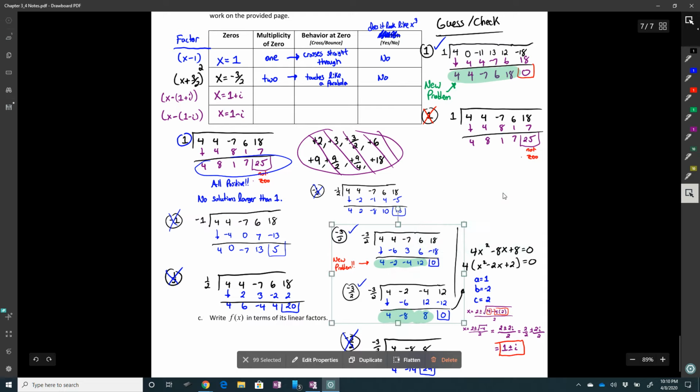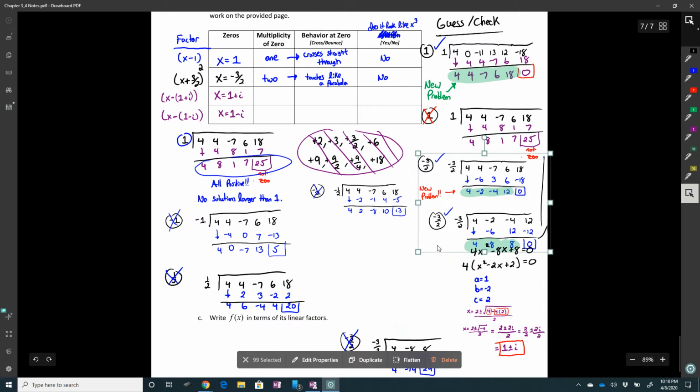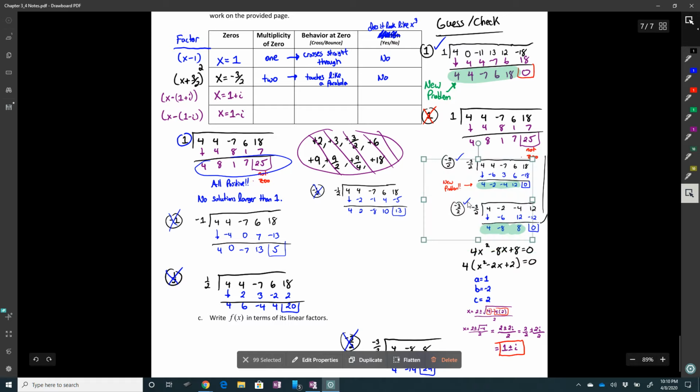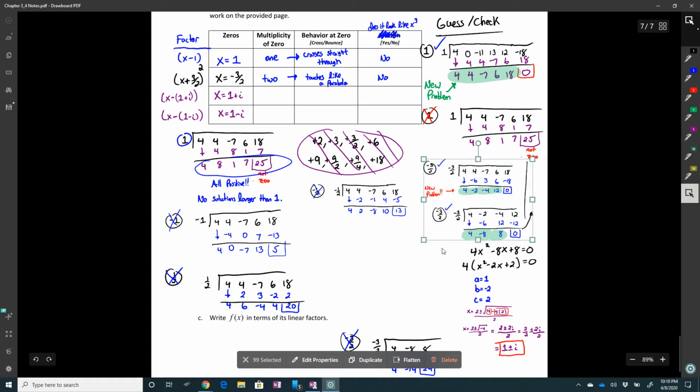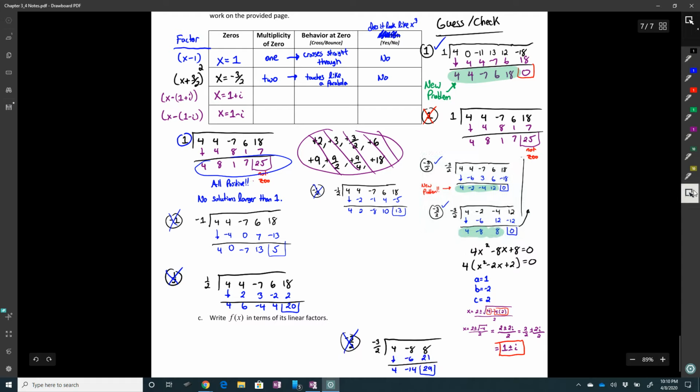I'm trying to reorganize my stuff here. So that way you'll see that it's in order. Don't mind me.